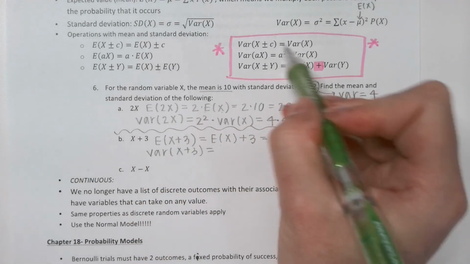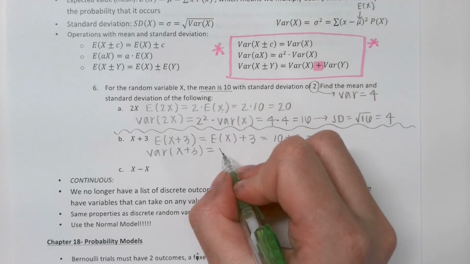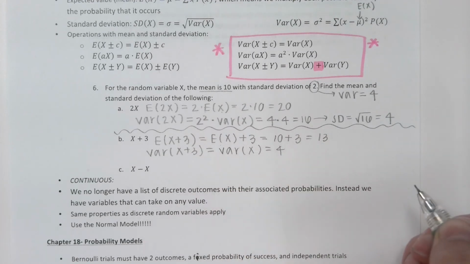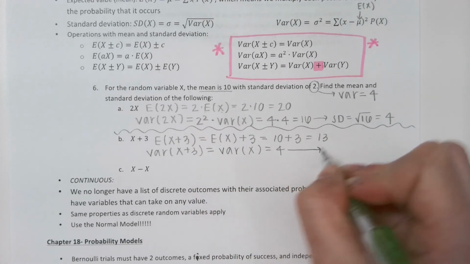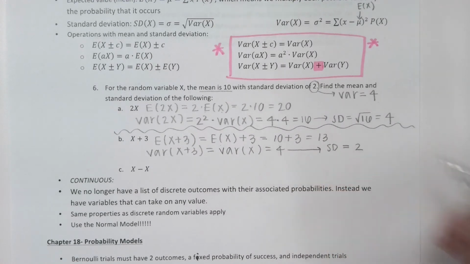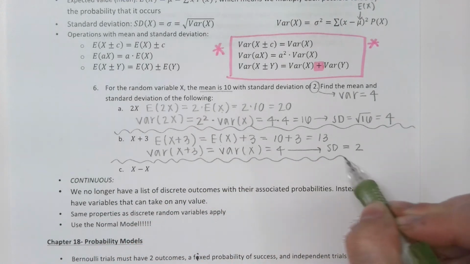Remember that variance is not impacted by adding or subtracting of a constant. So this should just be my old variance, which was 4. Again, to change that into standard deviation, I square root it, which gives me 2. So watch that there, make sure that variance is not adding on 3.